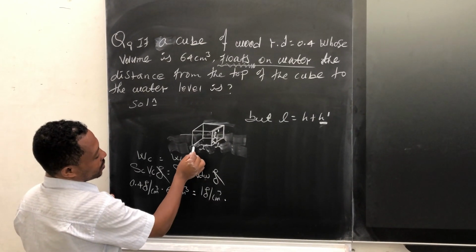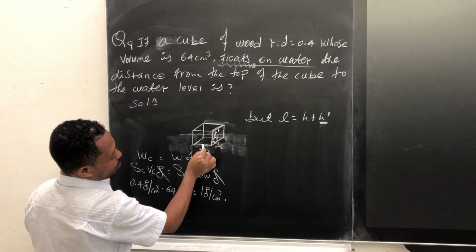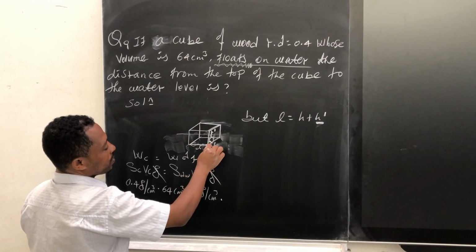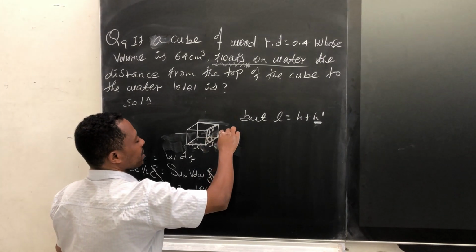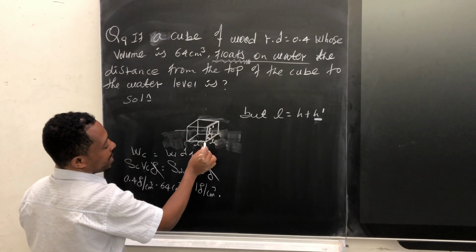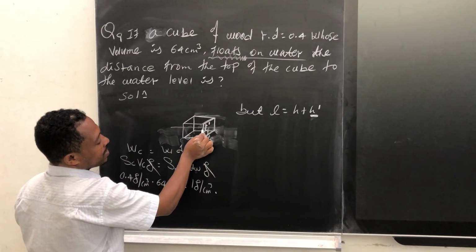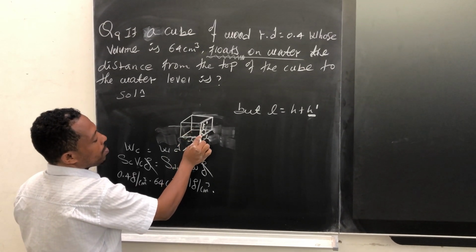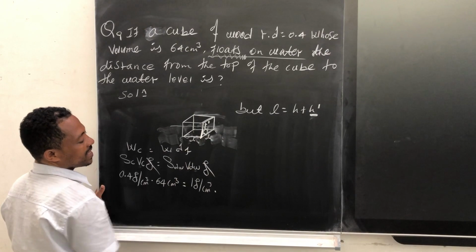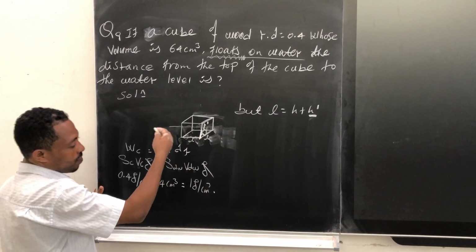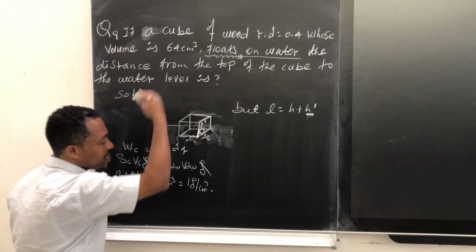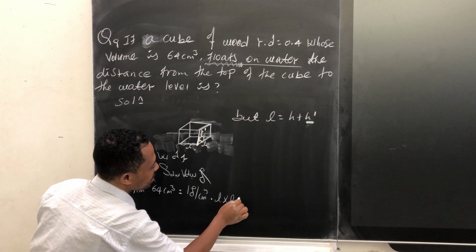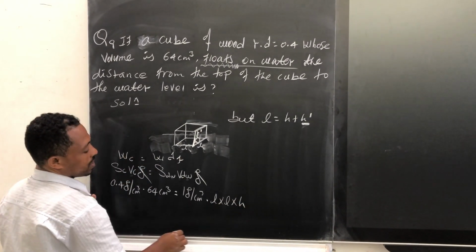The volume of the displaced water is simply the product of L, the length of the cube, and the width, and then the depth of the submerged part of the cube. That is simply L times L times h.